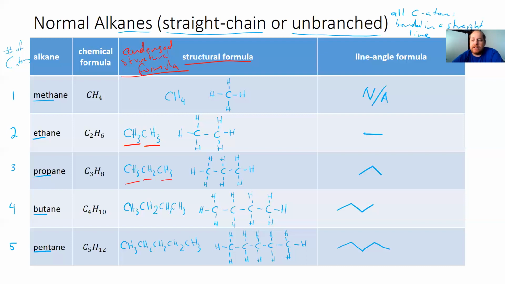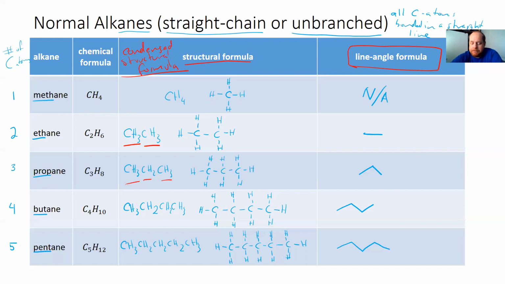We also introduced this idea of line angle formulas, and line angle formulas are probably the most useful type of formula that you'll see in organic chemistry, because it allows you to draw really large structures very quickly, very easily. In general, we consider the ends and vertices of line segments to be carbons, and enough hydrogens are attached to those carbons until those carbon atoms have 4 bonds.